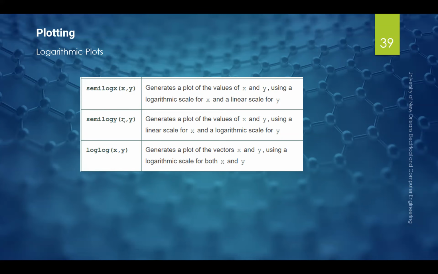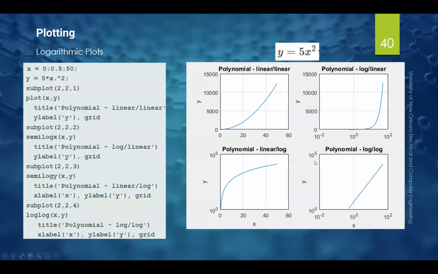The semilog y is the opposite, if you will, of the x, because in this case, the x is linear and the y is the logarithmic scale. And the log, of course, has both x and y on the logarithmic scale. Here are some examples showing the three functions we talk about.